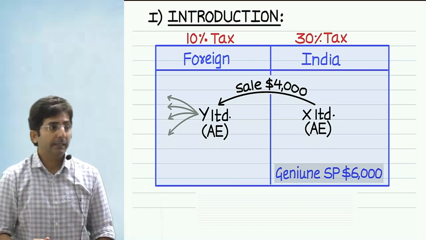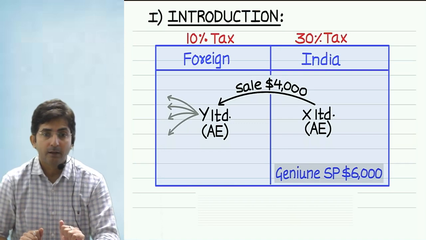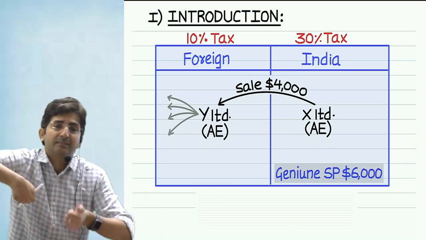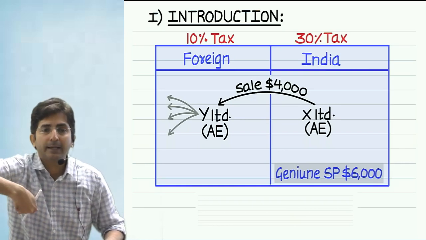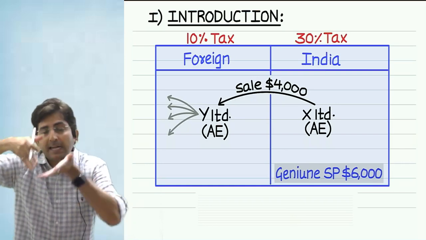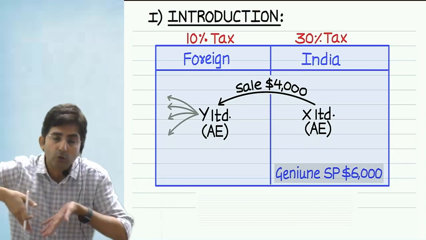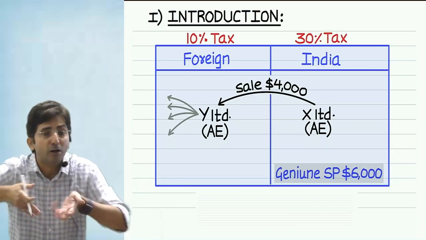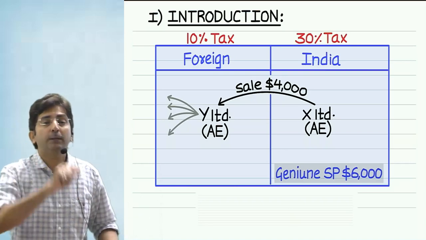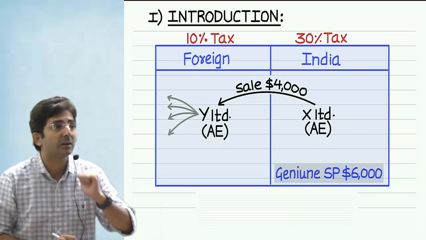Because if X and Y both are in India, what should I say, profit shifting or profit remaining in India? Why remaining? Because if X's profit reduces and Y's profit increases, and both are in India, the profit is not shifting. The threat of profit shifting is there when there is an international transaction.